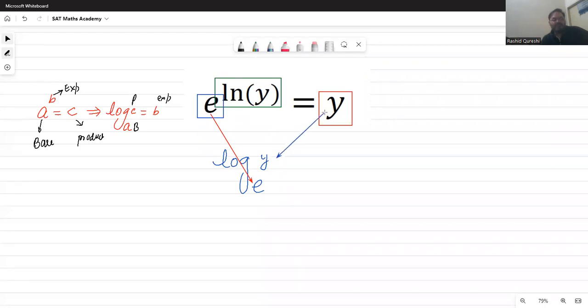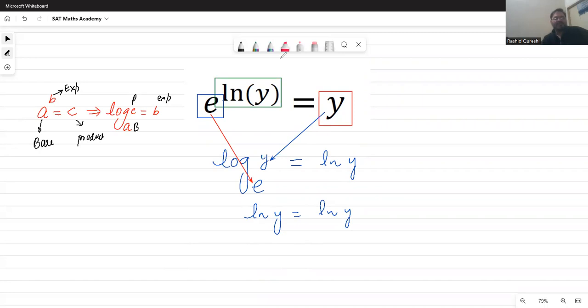So that will be equal to, simply, I have this one, ln of y. Am I right? So I will get the log natural of y is equal to the log natural of y.